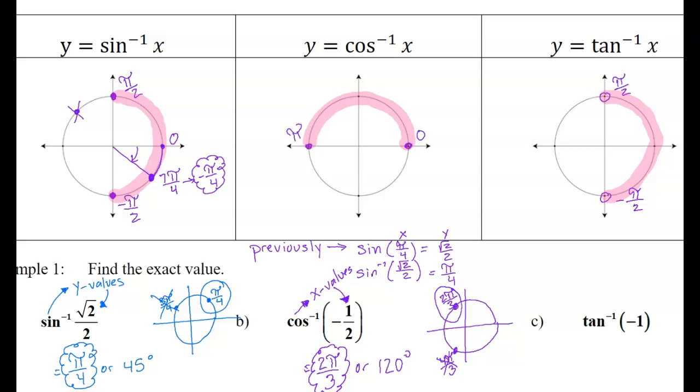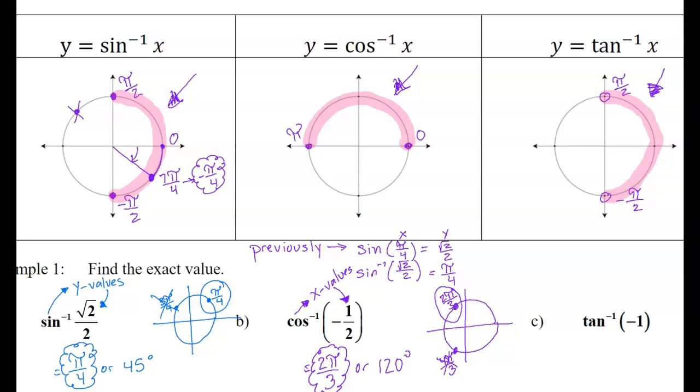So inverse of sine is always from negative pi over 2 to pi over 2. Inverse of cosine is always from 0 to pi. Tangent is always from negative pi over 2 to pi over 2. We're always having these exact restricted domains, so we're always referring to these exact domains.